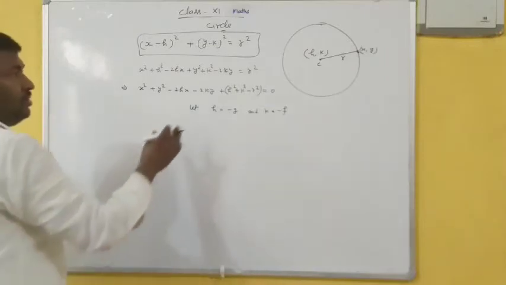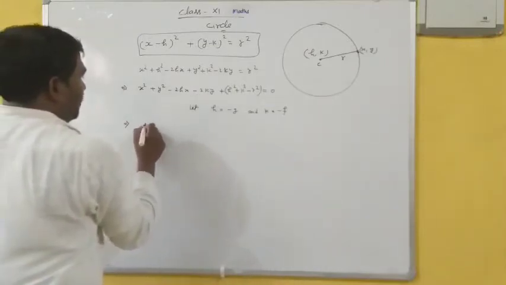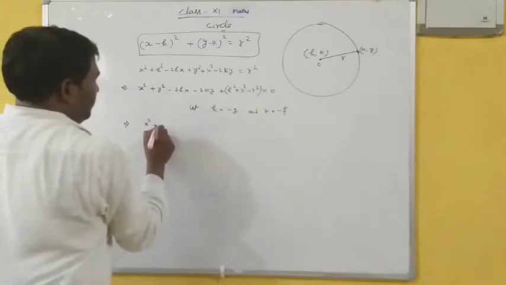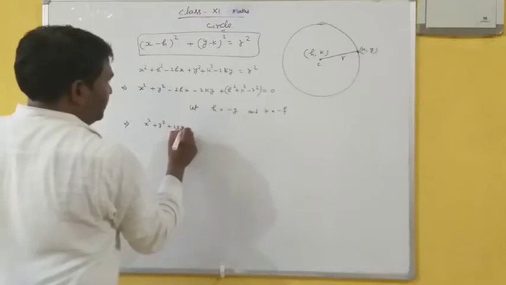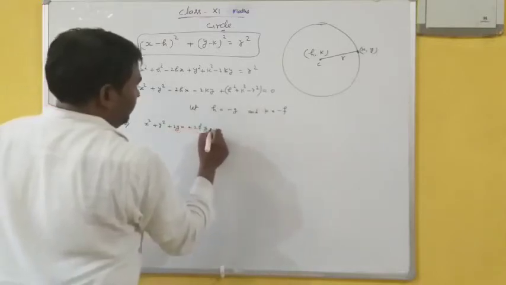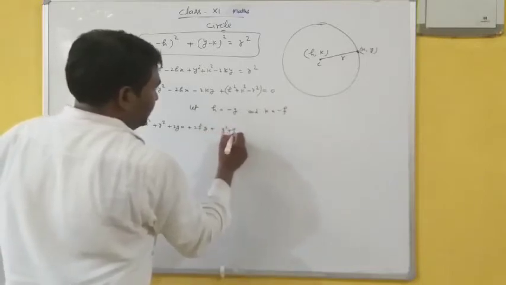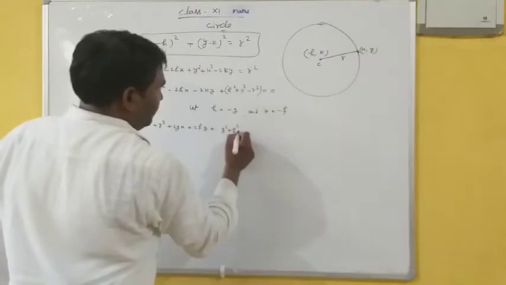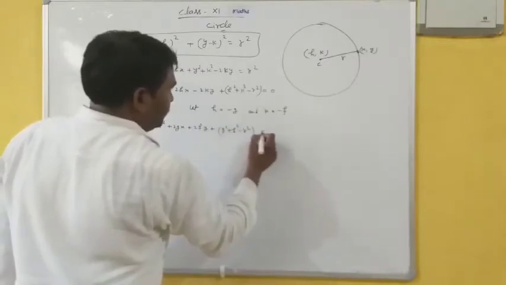Then our above equation reduces to x square plus y square plus 2gx plus 2fy plus g square plus f square minus r square is equal to 0.